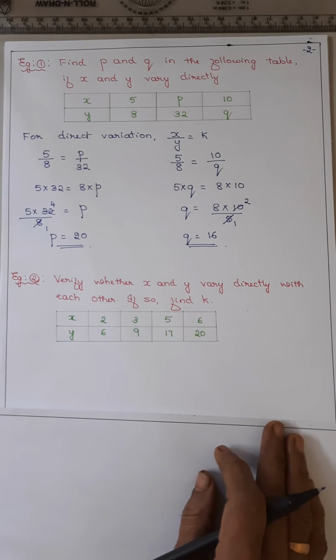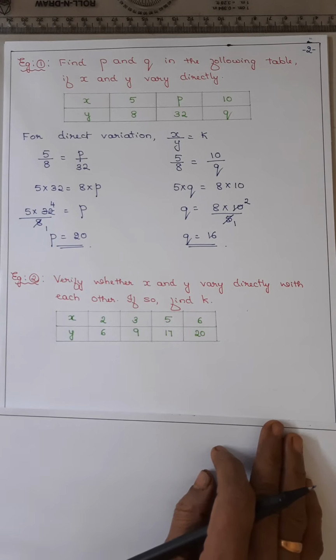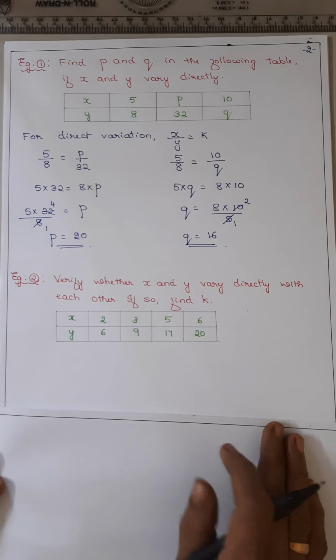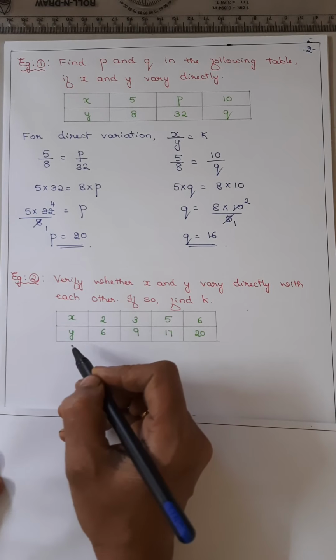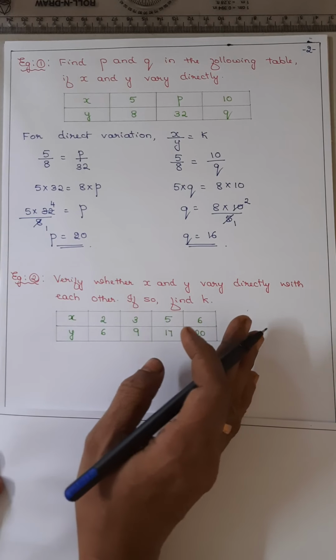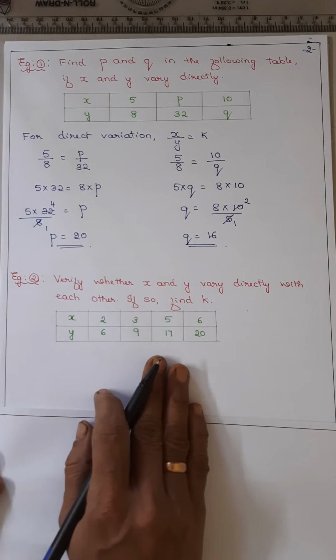Now coming to question number 2. Verify whether x and y vary directly with each other, and if so, find k. For the values of x and y given, are they in direct variation? You have to verify.